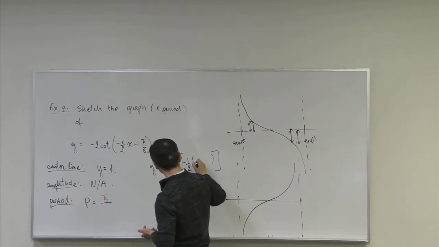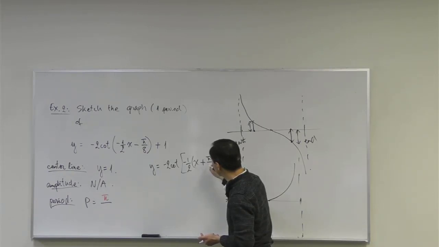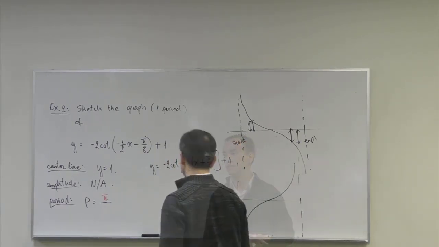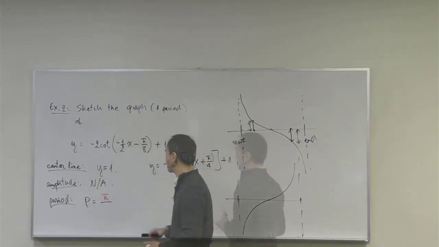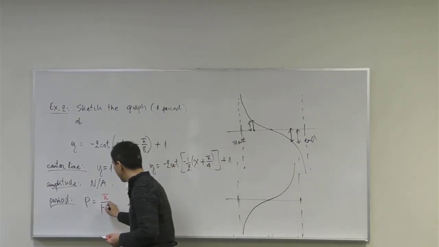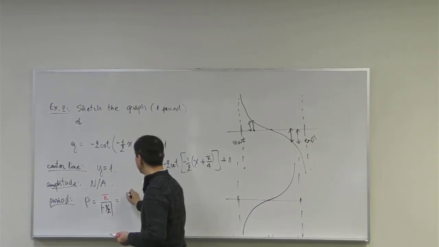So after factoring it out, what do we have here? x plus a pi over 4, plus 1. The way to clearly see the period is to factor out a front coefficient. So that front coefficient here, absolute value of -1/2, right? That's making it too high.